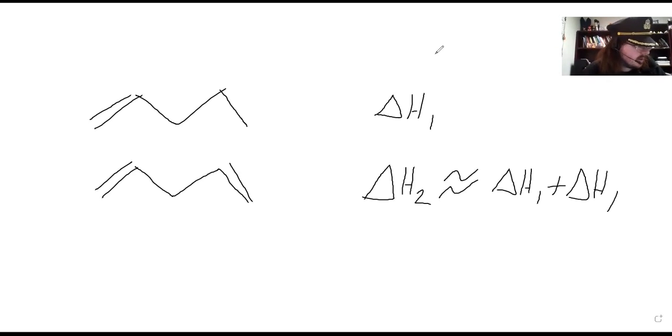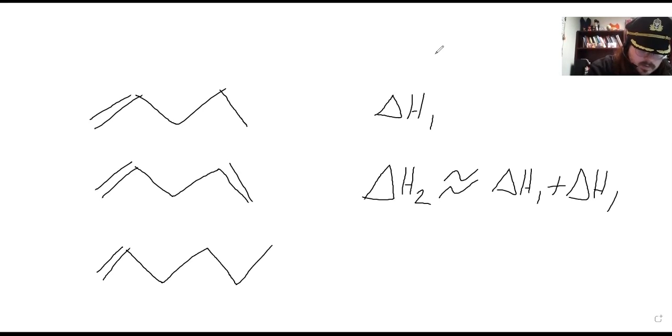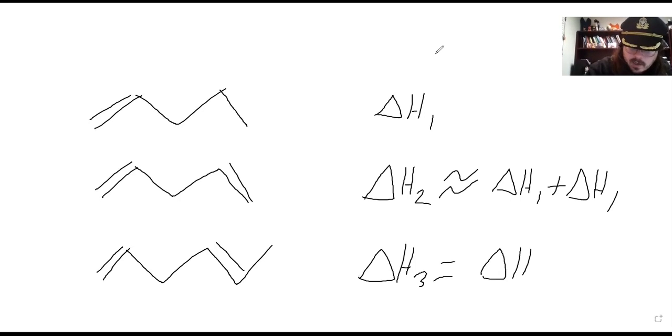For isolated double bonds, the enthalpy of the reaction is essentially equal to the sum of the loss of our two double bonds. If you considered something with internal and terminal, delta H for this would be equal to delta H internal plus delta H terminal. We could essentially sum them up. The big thing is that they're isolated. We just get the sum.